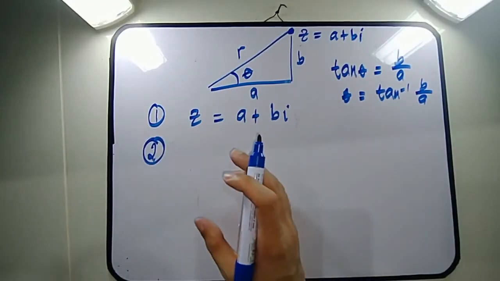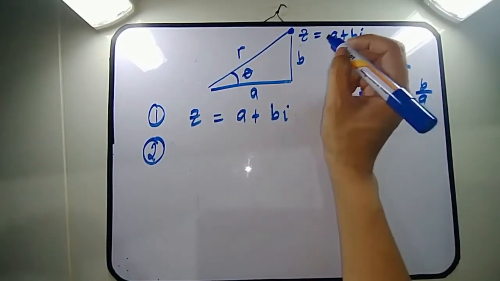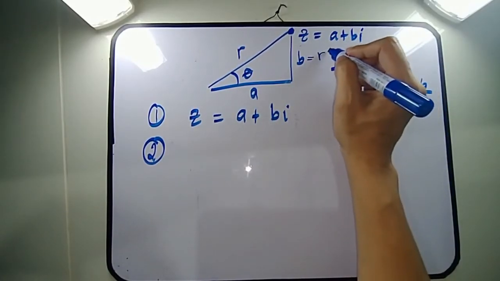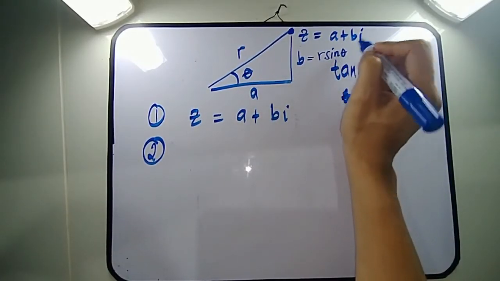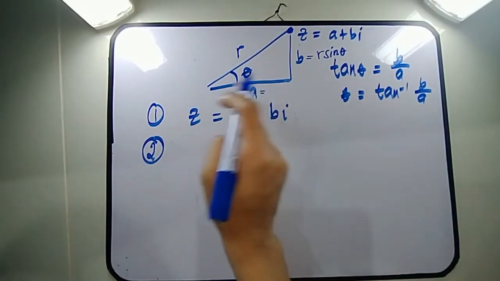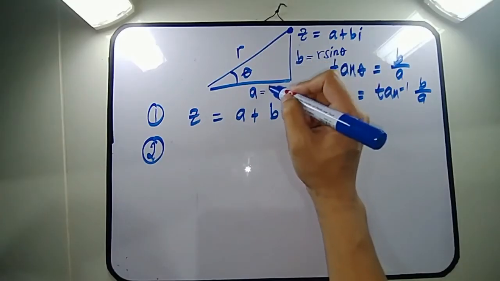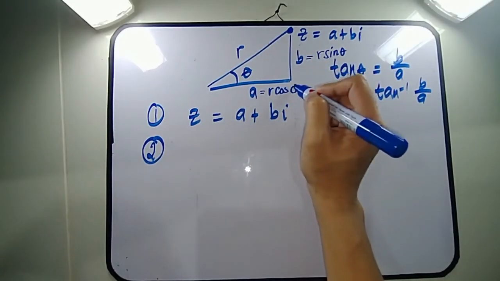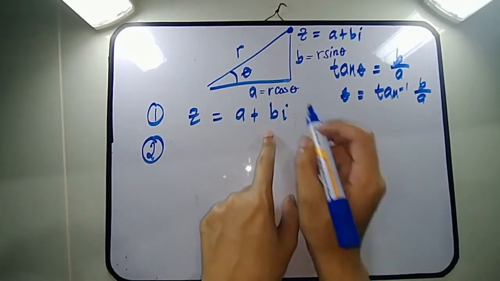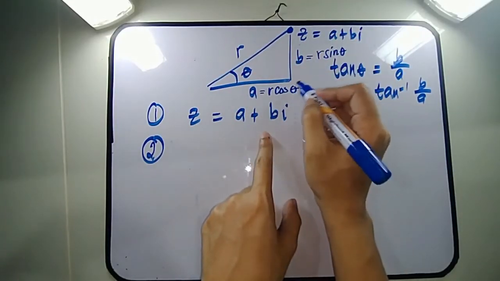So let's derive its trigonometric form. Here, B is just equal to r sine theta using trigonometry, and A, our adjacent, is just equal to r cosine theta. So let's change this in terms of r, the absolute value, and angle theta.